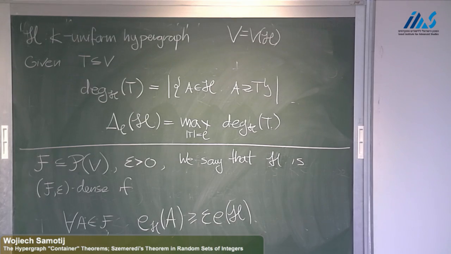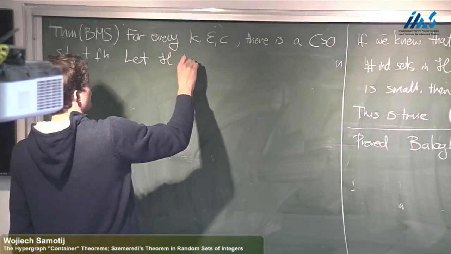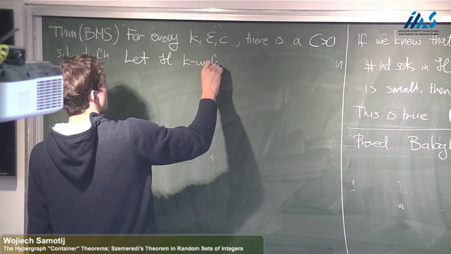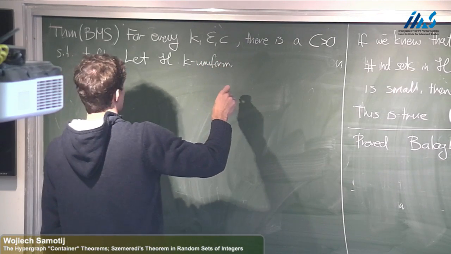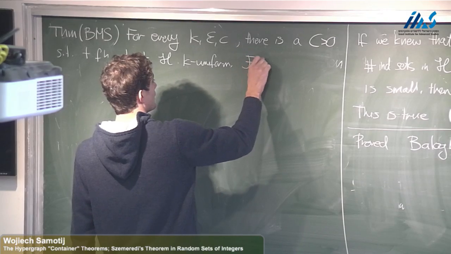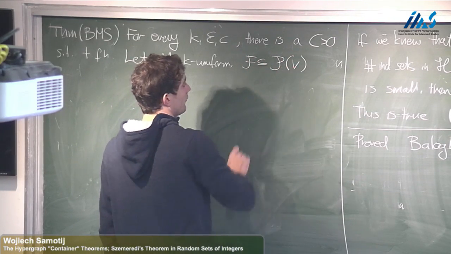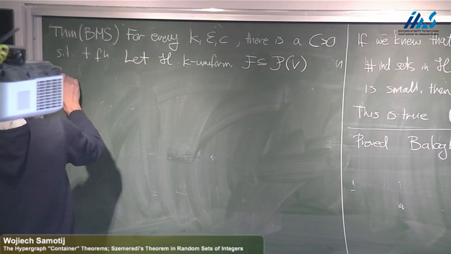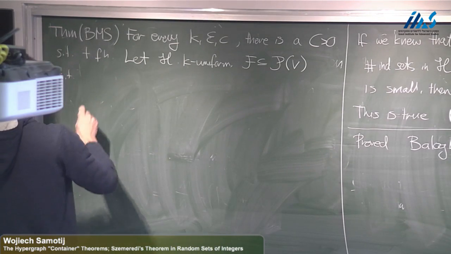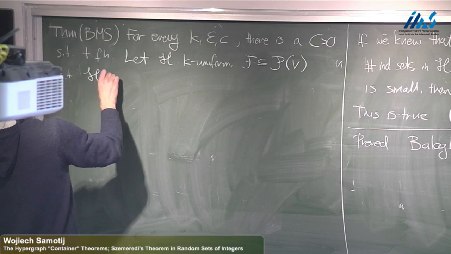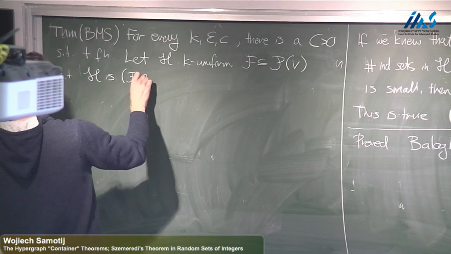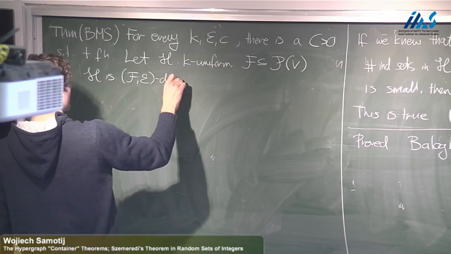Here we let H be k-uniform and F be a family of subsets of V such that H is F-epsilon dense.